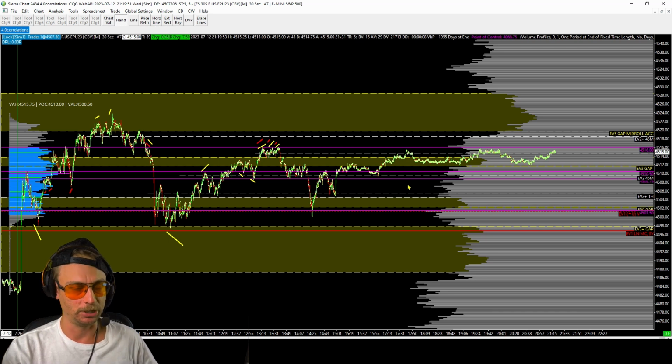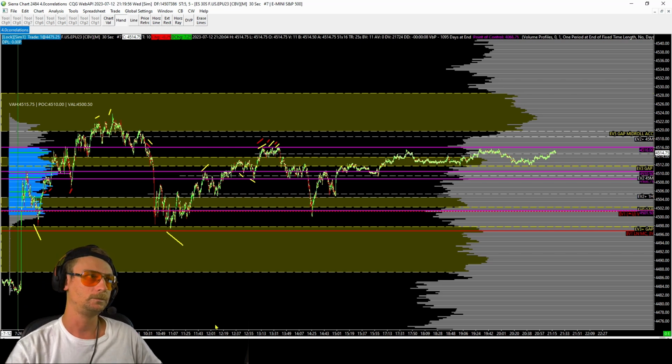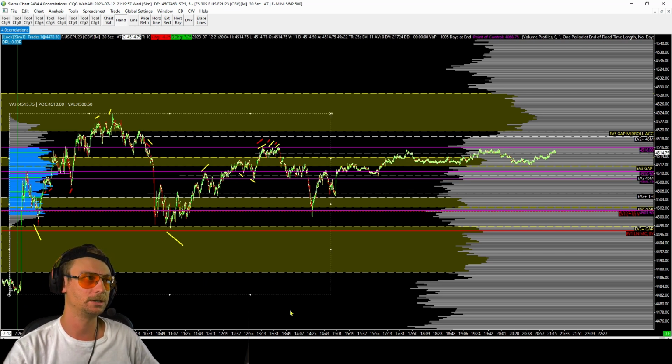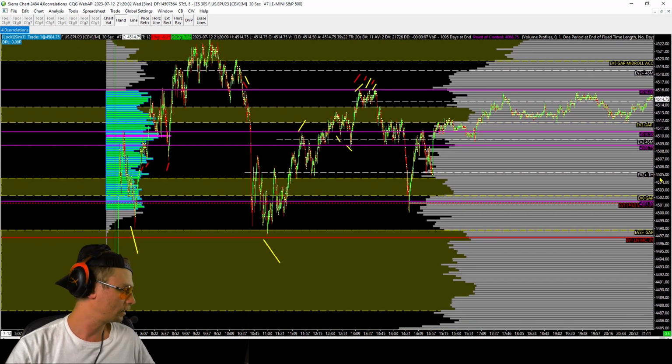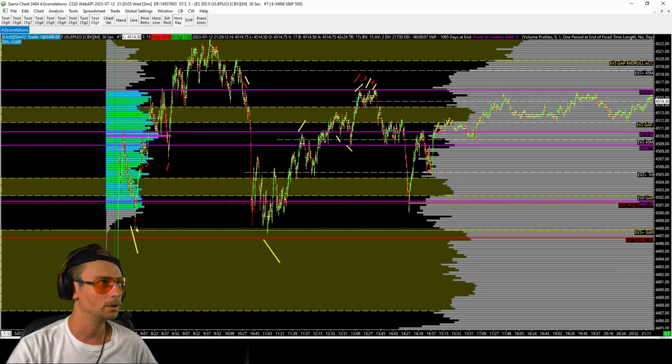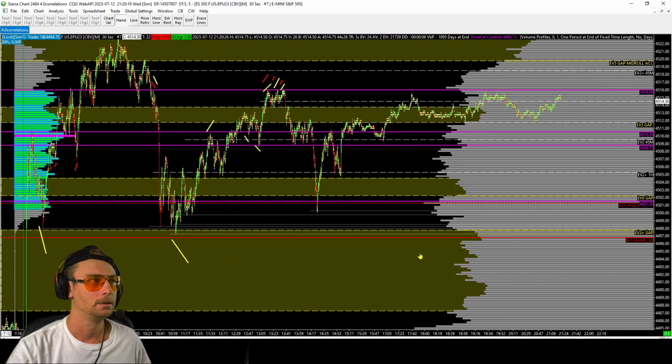However, that's pretty much it. You may see support and resistance lines, which, for instance, right here, I want to track here, here, here, here, here, here. So clearly there's support here, and it's tested once, twice, thrice.